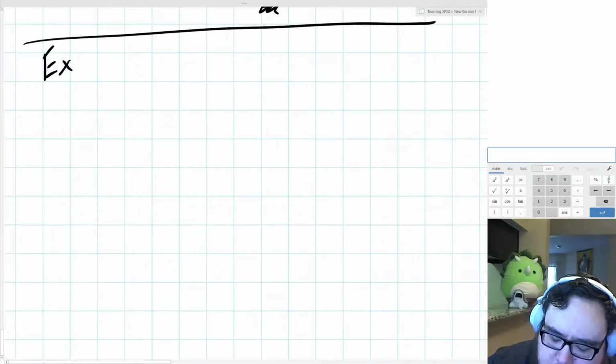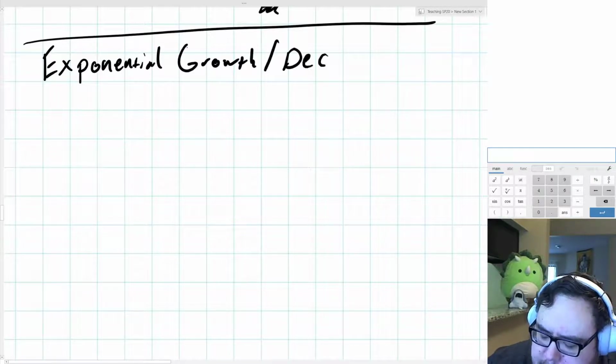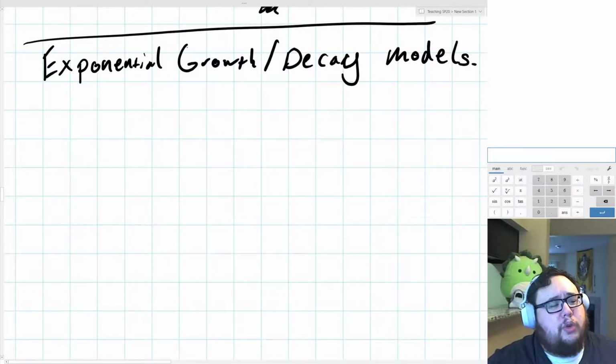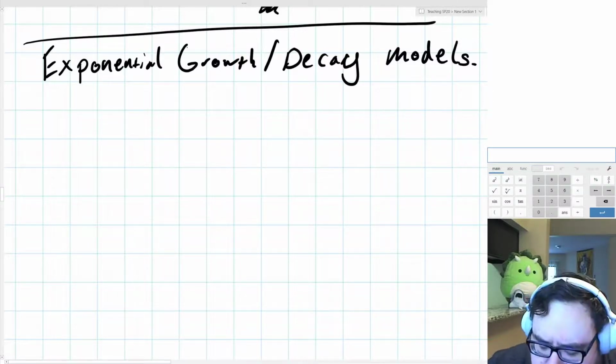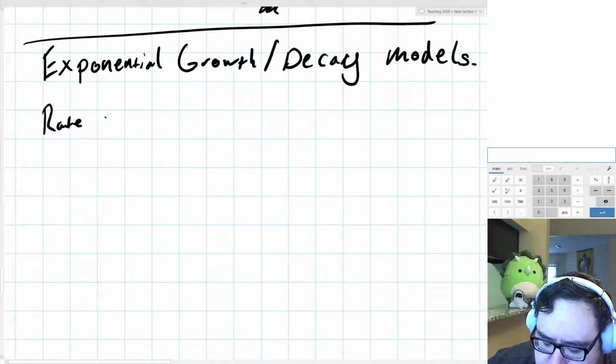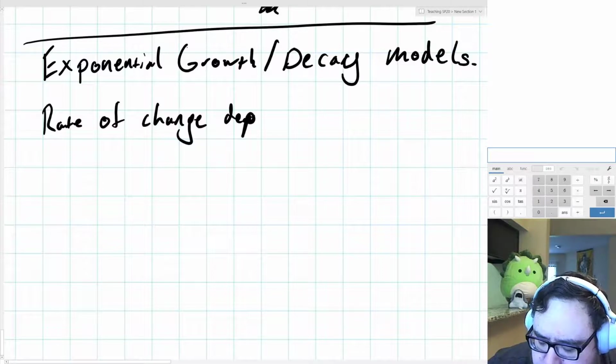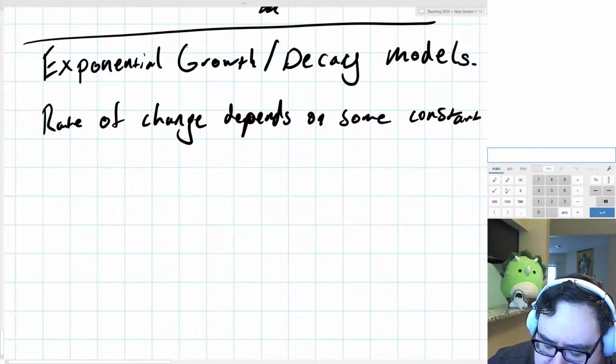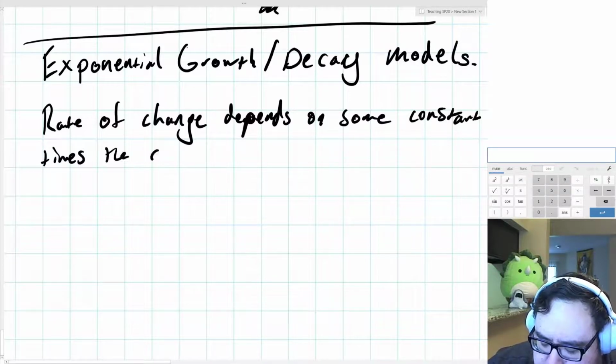Actually, linear models can also be expressed as solutions to differential equations, but that's a little less interesting. So the hallmark of an exponential growth or decay function is that the rate of change depends on some constant times the current value.